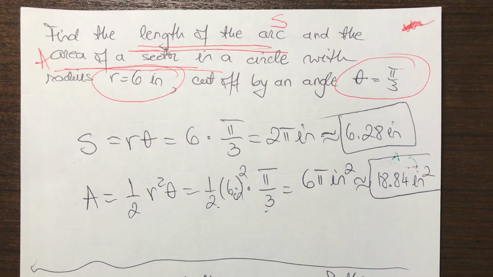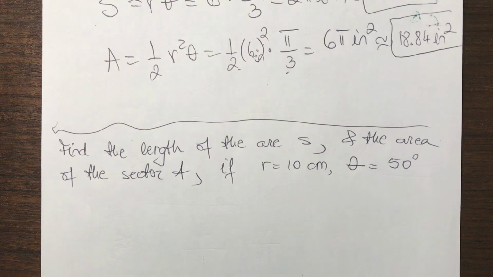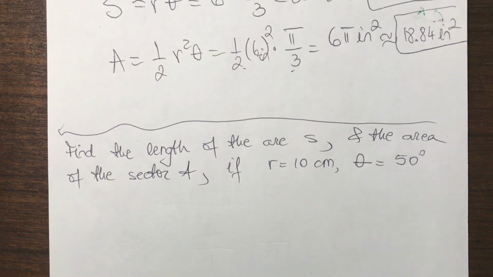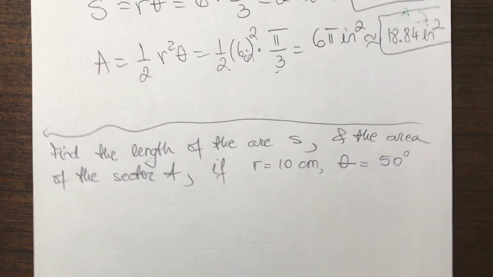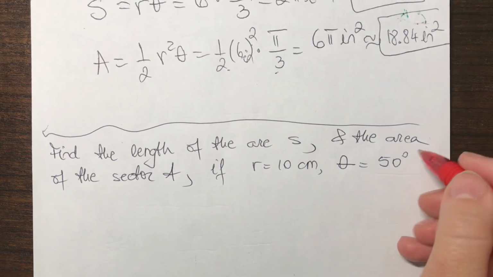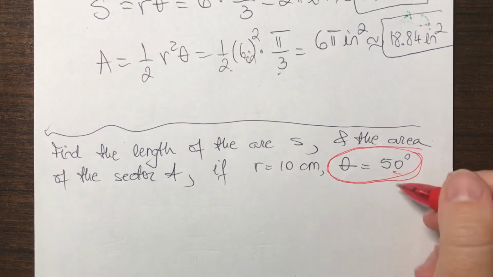All right. And we'll do this one more time. Find the length of the arc S and the area of the sector if r is equal to 10 centimeters and theta is 50 degrees. So be very careful. Is this a radian measure?